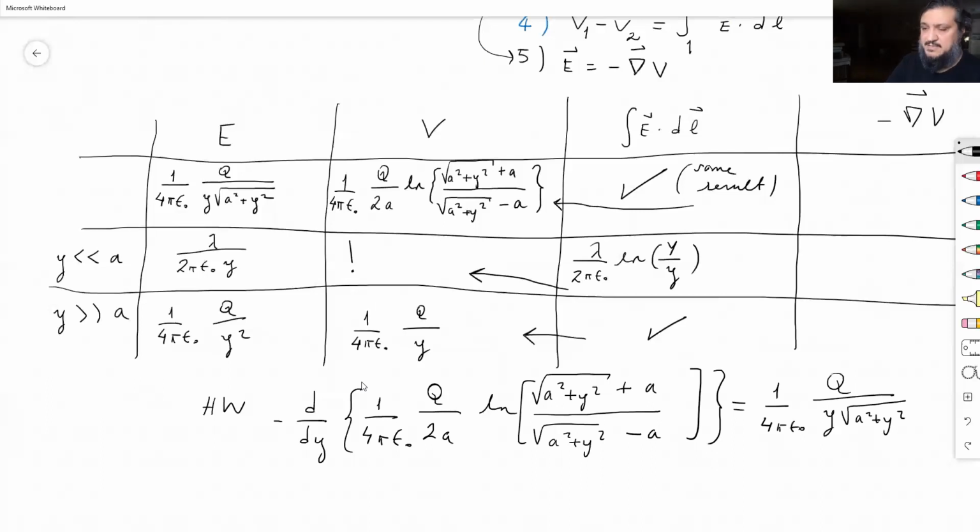The derivative of a logarithm is 1 over that, but you have to consider the derivative of the argument as well. So the simplifications should give you that result. I'm going to put a question mark here. Prove it.